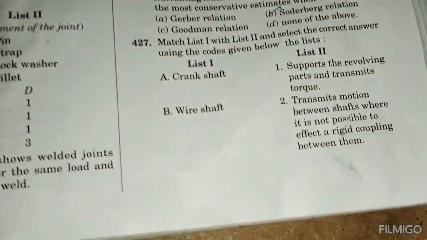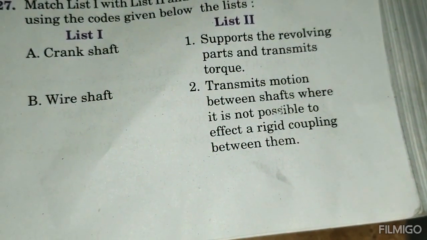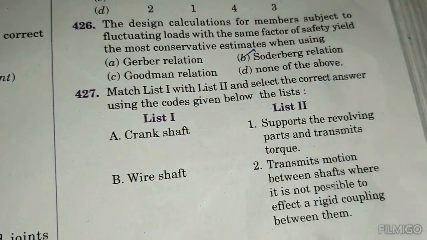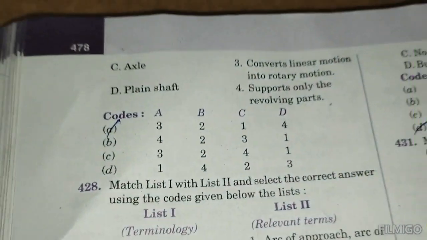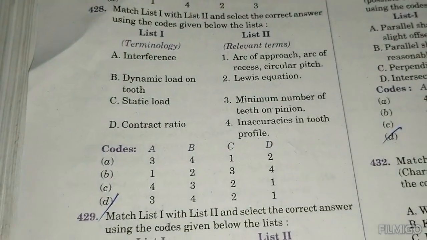Flexible shaft transmits motion between shafts where it is not possible to effect rigid coupling between them. Axle supports the revolving parts without transmitting torque, and the plain shaft supports only the revolving parts.